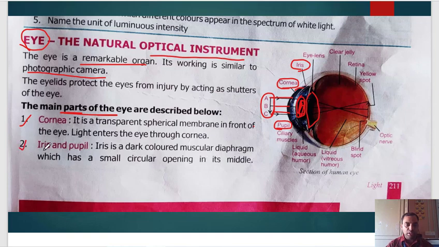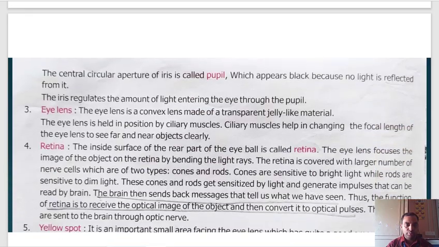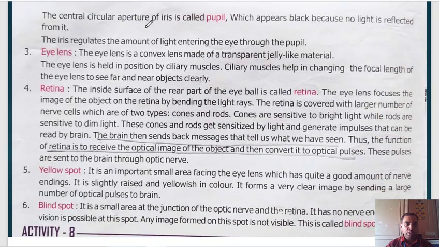The next point is iris and pupil. Iris is a dark colored muscular diaphragm which has a small circular opening in its middle. This is the iris. Now let's see about the pupil. The central circular aperture of the iris is called the pupil. You can see it in the diagram given in the book. It appears black because no light is reflected from it.